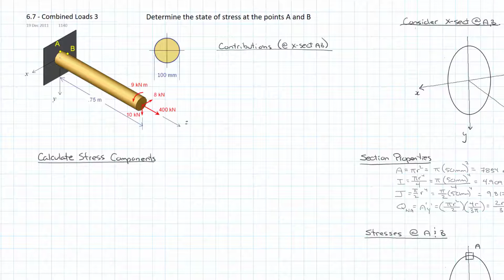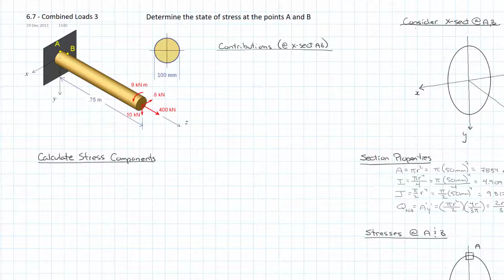I need to look at each of these forces and figure out what contribution they're making at the cross-section AB, effectively moving them to the centroid at AB and adding any additional contribution that they might be making. So we're just going to work through them one at a time. We're going to look at the 400 kilonewtons that's acting in the positive Z direction.